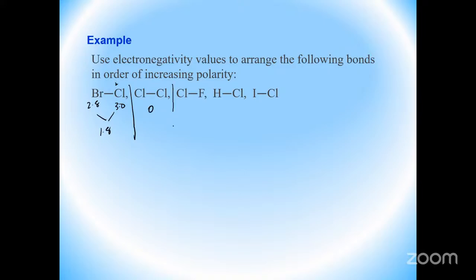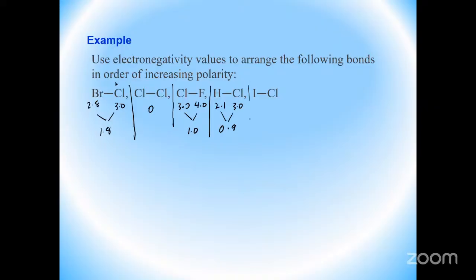In the case of chlorine to fluorine, chlorine is 3.0 and fluorine is 4.0. So the difference between them would be 1.0. And then in the case of HCl, hydrogen is 2.1, chlorine is 3.0. So that will give you 0.9. That's the difference between those two.